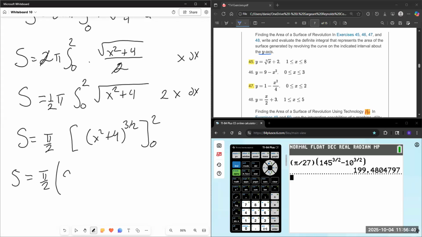4 and 4 is 8 to the 3/2. 4 to the 3/2 is 2 to the 3rd, which is going to be 8. So I can pull an 8 out of this and make this 8 pi over 2 or 4 pi, and then square root of 8 minus 1.